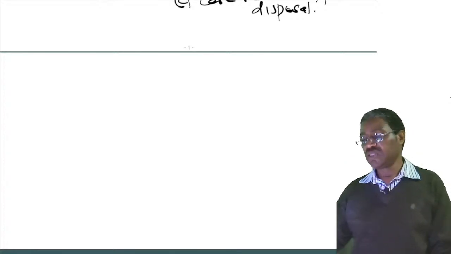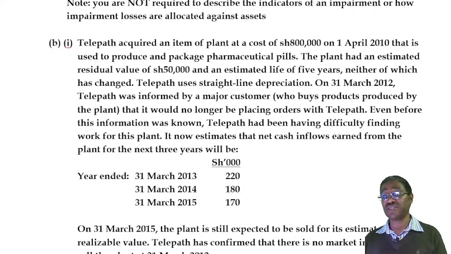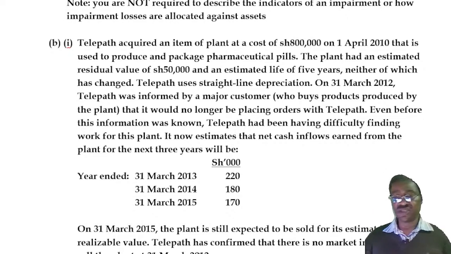Let me explain B1 first. A company had bought an asset. When? That is 1 April 2010. I'm going back to number B1. It says Telpath acquired a plant at a cost of 800 on 1st April 2010, that is used to produce pharmaceutical pills.